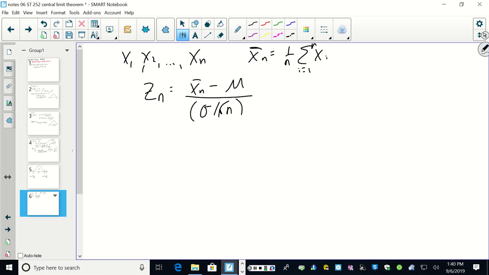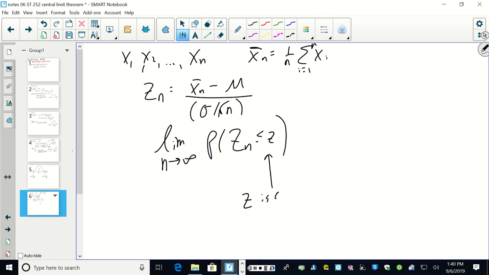There's a concept called convergence in probability. Z sub n is then a random variable, and it's indexed by how many observations are put together. And the central limit theorem says that as n goes to infinity, the probability that Zn is less than or equal to some value, where this little z is a number, right?